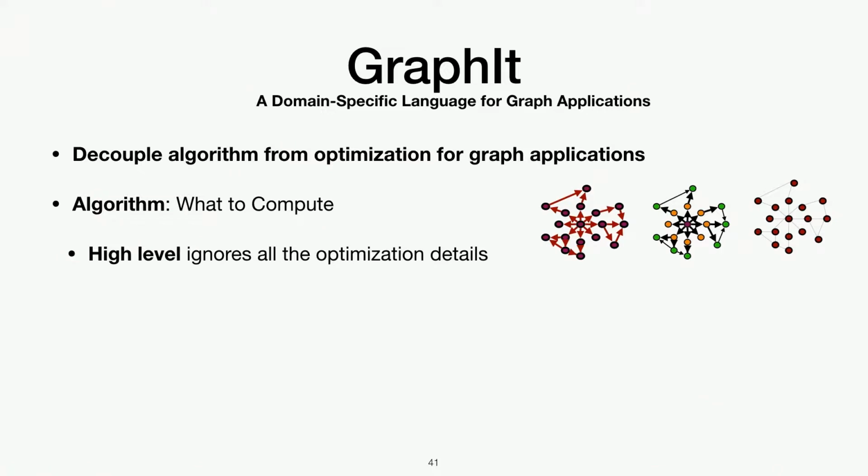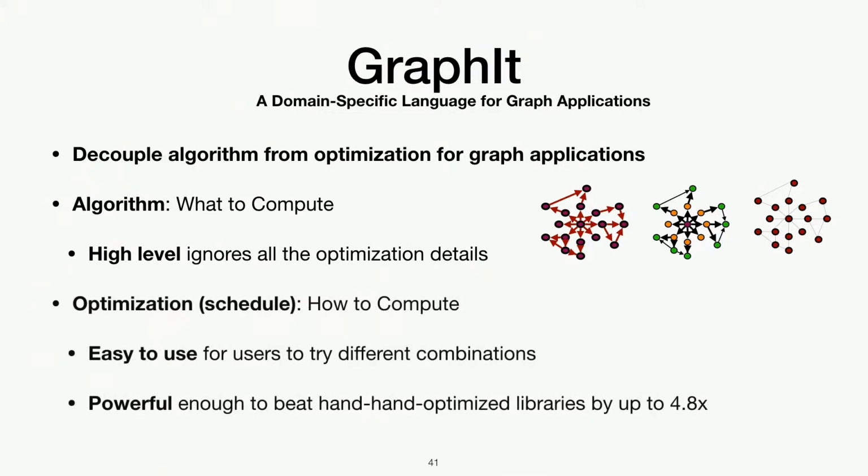Say, this is my algorithm. I want to process these nodes, and this is the computation I want to do in there. And you separate it from the optimization or schedule, or how to compute. So we'll say, okay, to do this algorithm, you have to do a push schedule, do this type of parallelism, separately. And the nice thing is that now, if the graph changes or if the machine changes, I can give you a different schedule.